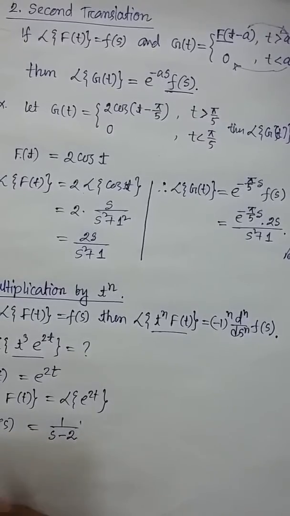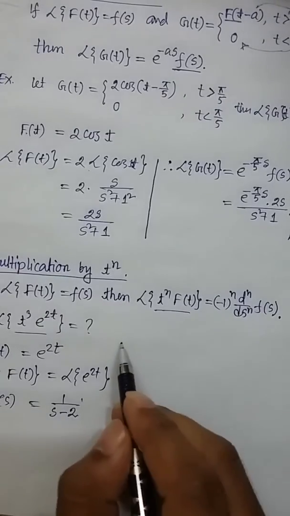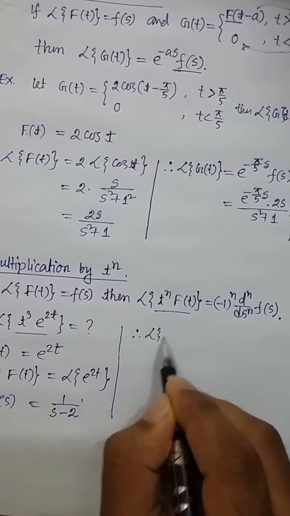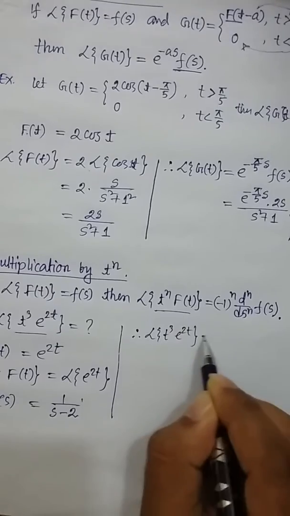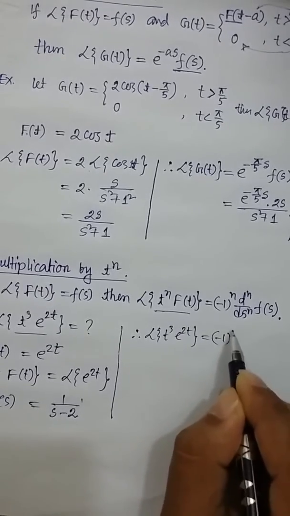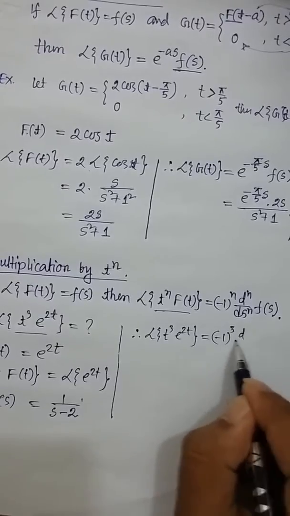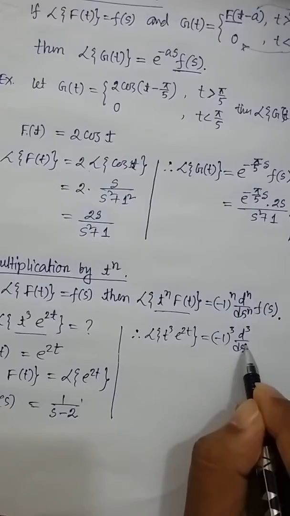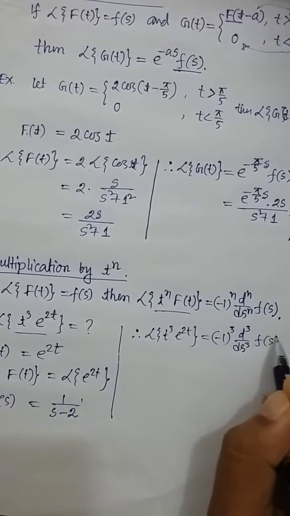Therefore L of t cube e to the power twice t will be minus 1 to the power n, where n means the power of t, that is cube, d cube by d s cube of f of s.